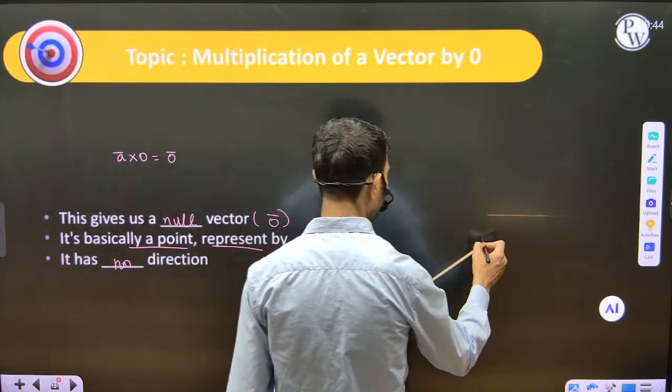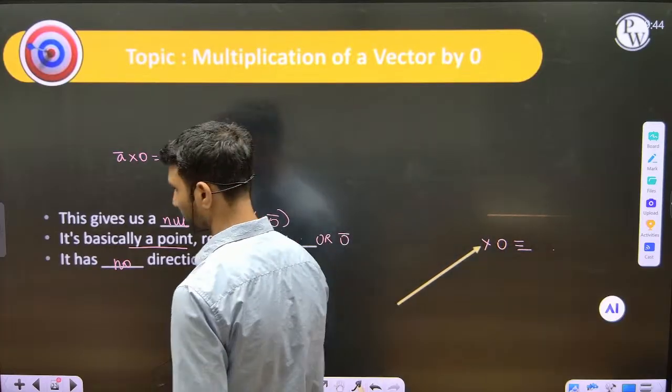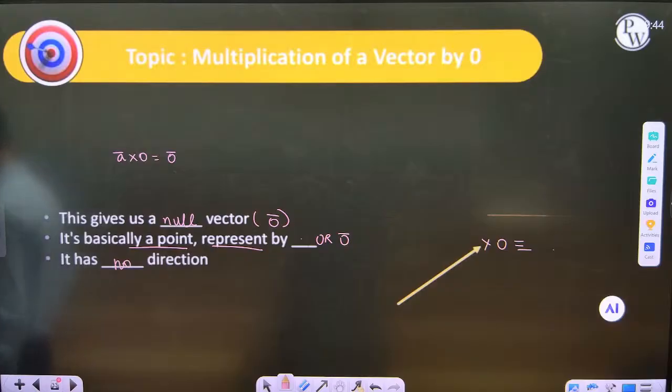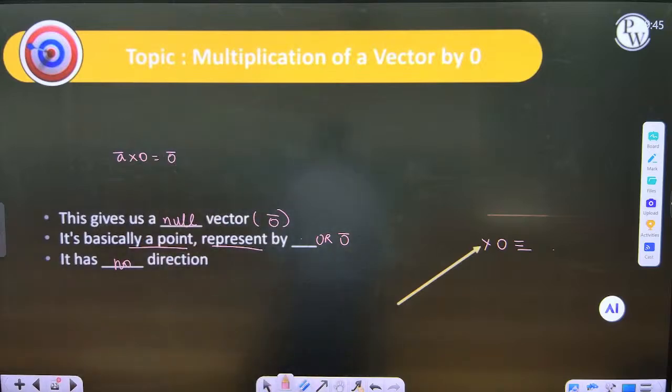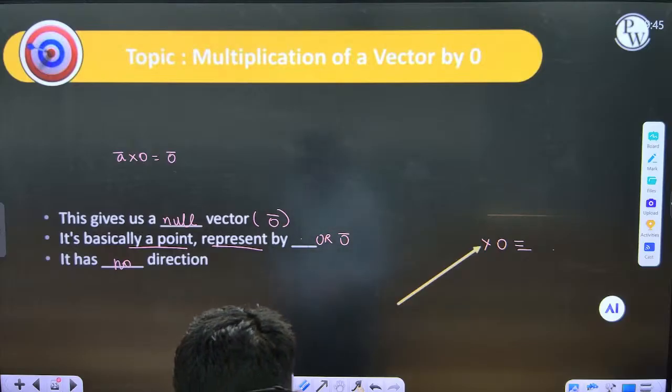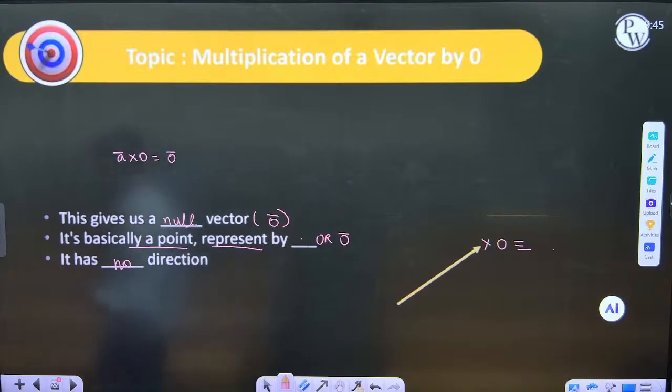So if you multiply this by 0, you get a dot. That's it. Nothing else.